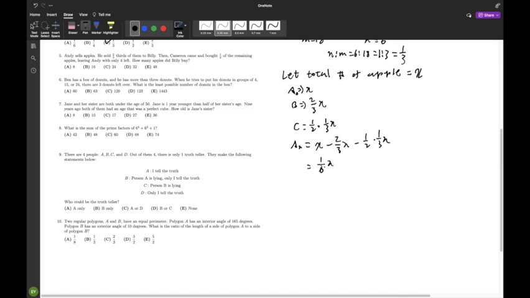Wait, is it 1 over 6? Yes, it is 1 over 6. We have 1 over 3x minus 1 over 6x, and this is simply 1 over 6x. And they said 1 over 6x is equal to 4 because A had 4 left. Therefore, x is equal to 24.